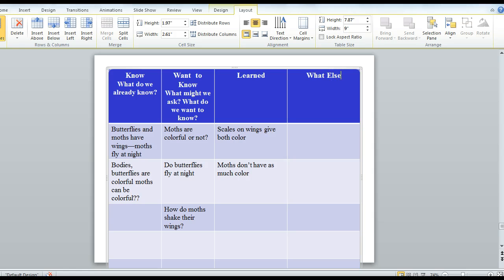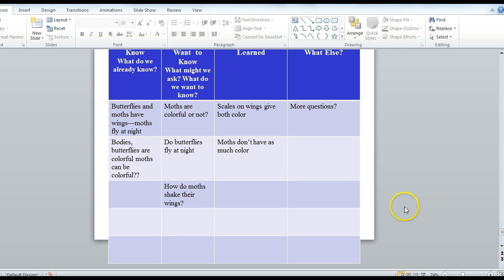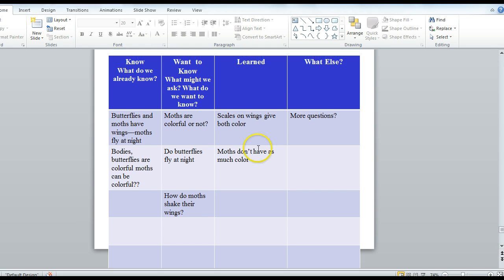So obviously any reading, if you're an active reader, an active learner, any reading is going to lead to more questions. And so we ask some more questions, and that's a perfect opportunity to talk about, well, this little piece of text down here didn't give us the answers we wanted for those more questions, so how do we find out those answers? And we go back to our what do we want to know and answer our questions. If they haven't been answered during reading, we go back at the end and answer them.